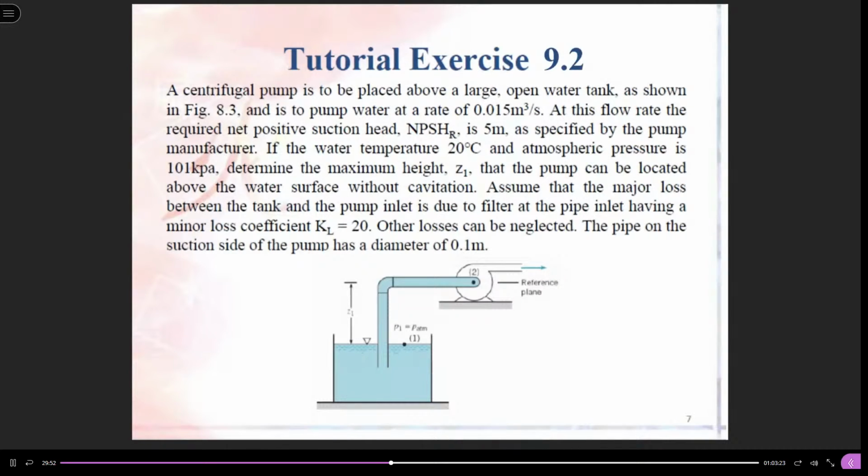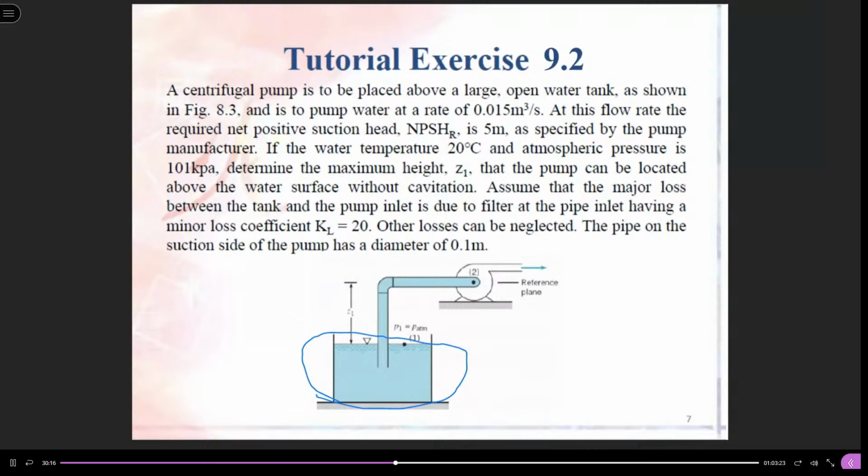Now, exercise 2. A centrifugal pump is to be placed above a large open water tank, as shown in this figure. This is the water tank, and is to pump water at a rate of 0.015 cubic meter per second.